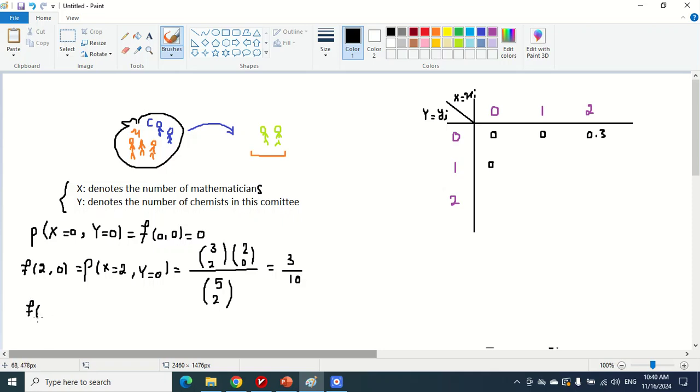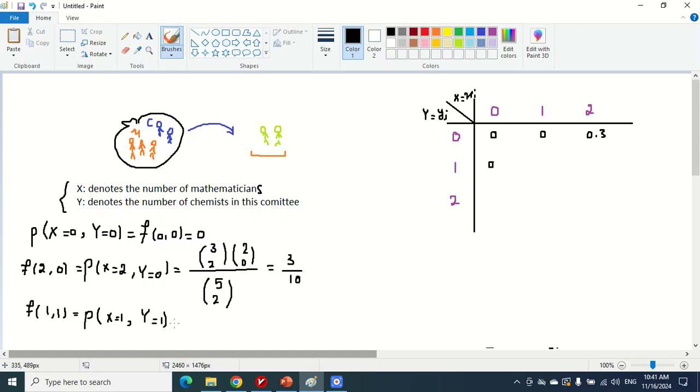f of (1, 1) can be calculated. (1, 1) means the probability of X equal to 1 and Y equal to 1, and that means that we need a committee of size 2 that contains one mathematician and one chemist.